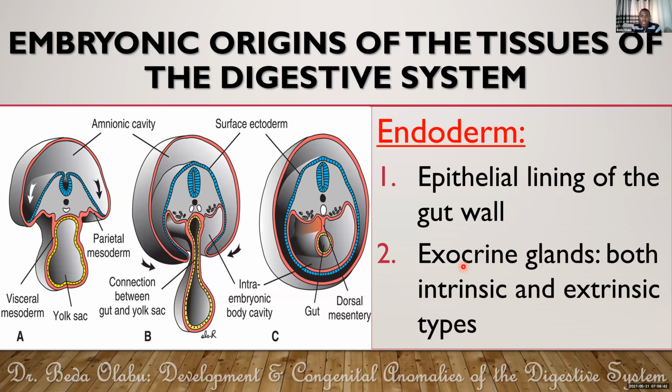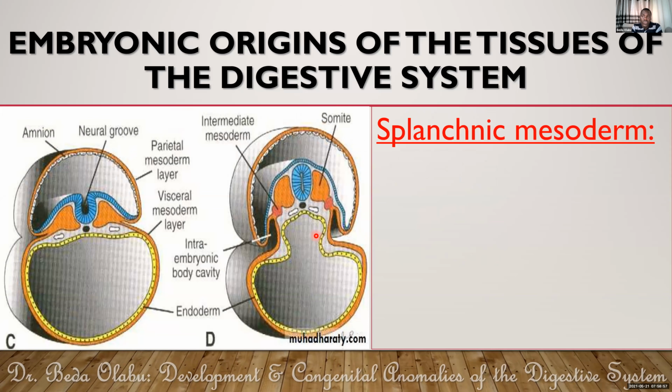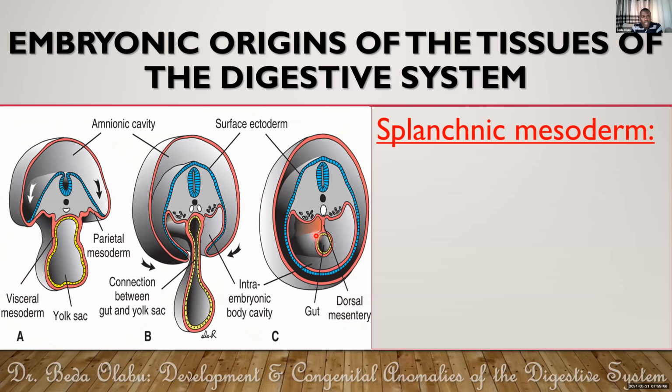That's endoderm now. But let's look, we will see that the tissue immediately outside endoderm is splanchnic mesoderm. So again, by all means, the splanchnic mesoderm must also contribute to formation of the digestive system. What exactly does the splanchnic mesoderm give rise to? In this image, we see the splanchnic mesoderm immediately outside the endoderm.